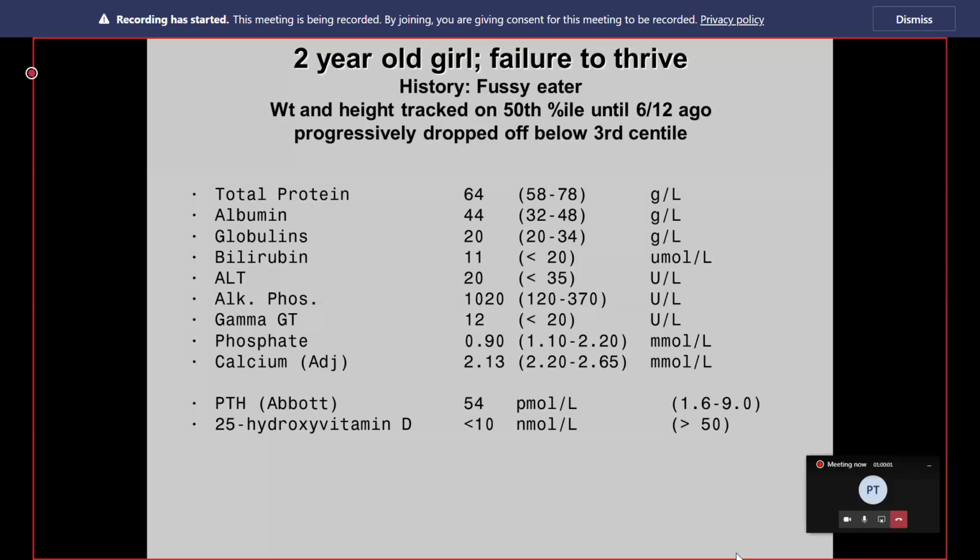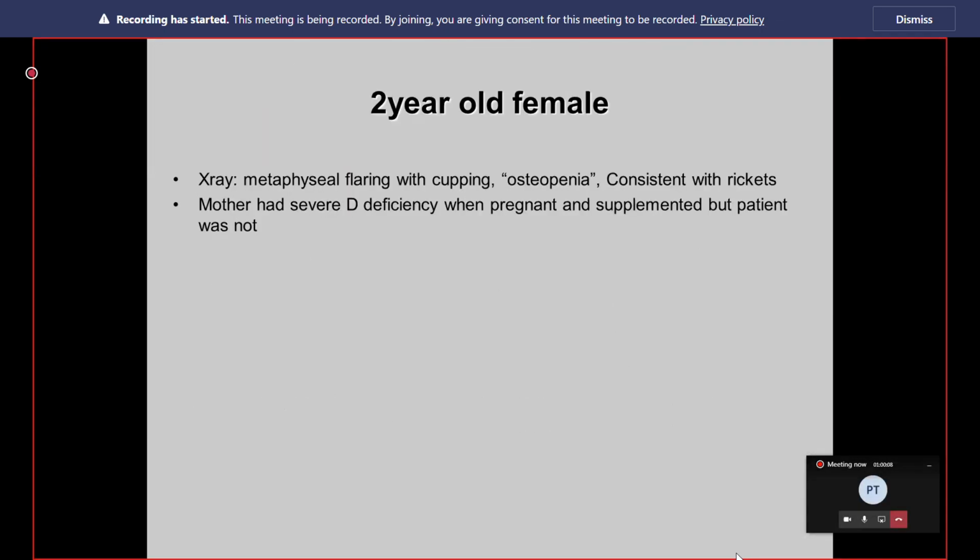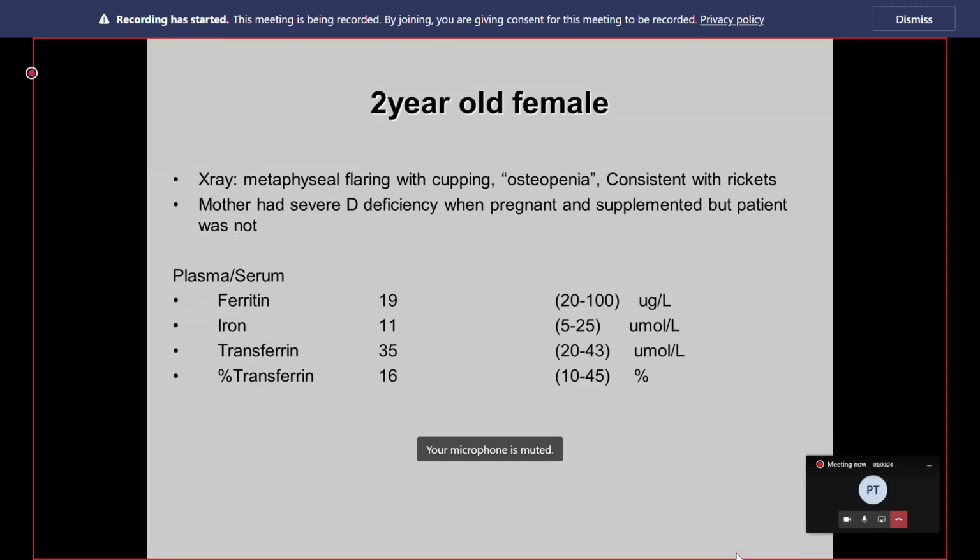In children, the reference interval is higher, but this level is much higher than you would expect in a girl of this age. X-rays showed metaphyseal flaring and cupping consistent with rickets. The mother had severe vitamin D deficiency when pregnant and was supplemented, but the baby wasn't. She also had a mild iron deficiency and was treated with vitamin D and iron supplementation.